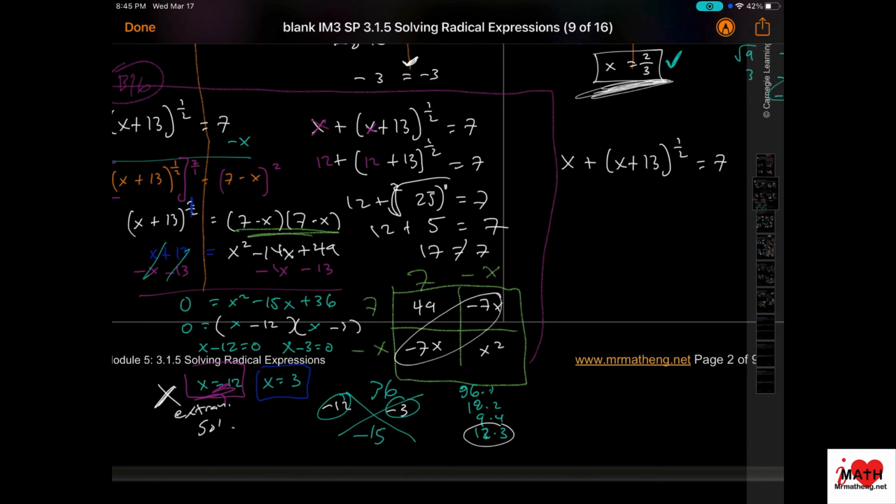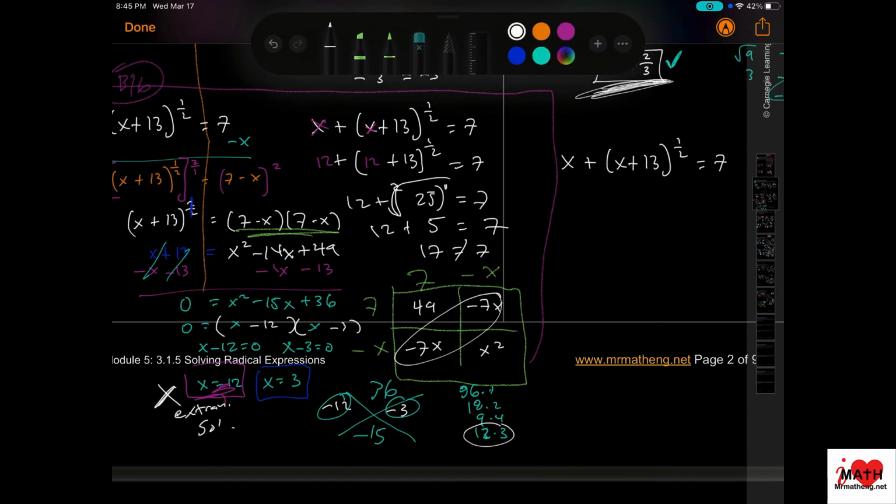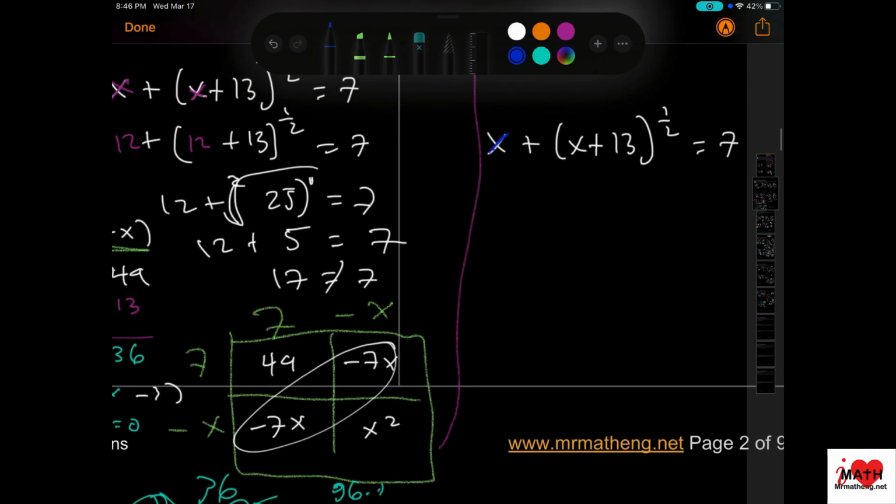Okay, let's try the blue one now. X equals 3. I'm going to put it up here. X, 3. X, 3. And I add those together and then take 1/2. So 3 plus 13 is 16, and that would just give me 4.